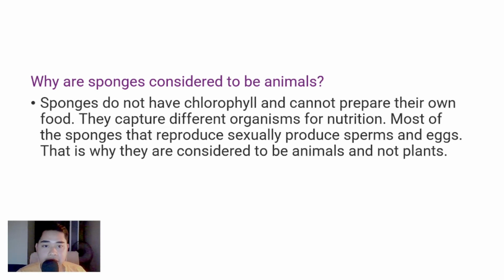They capture different organisms for nutrition, and most of the sponges reproduce sexually, producing sperms and eggs. So this is why they are considered to be animals and not plants. So take note of that because that is an important characteristic of Phylum Porifera under the animal kingdom.